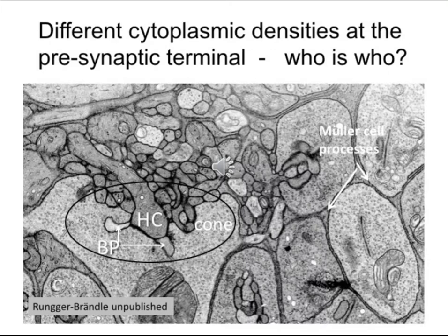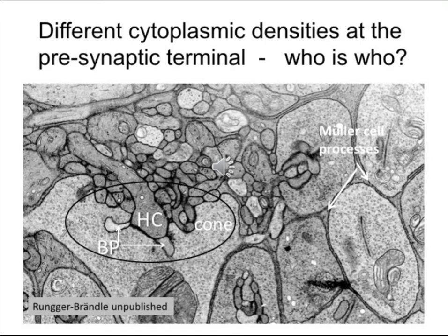At higher magnification, we see that the cone pedicle interdigitates with cytoplasmic profiles of clear density represented by bipolar cell portions, BP, and a darker profile with higher electron density representing a cytoplasmic portion of a horizontal cell, HC.